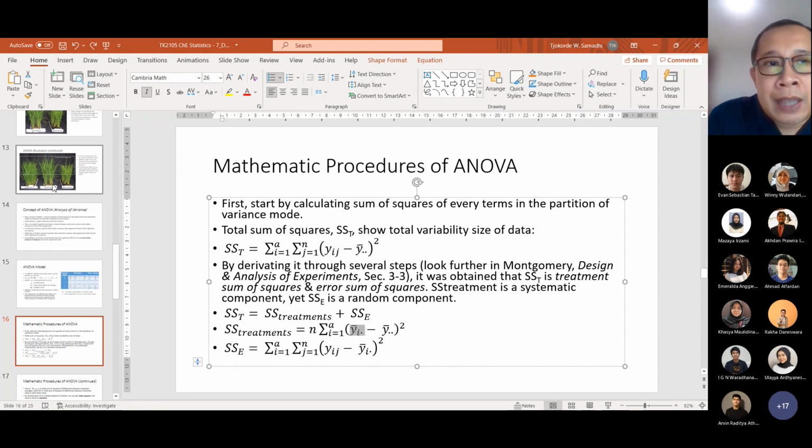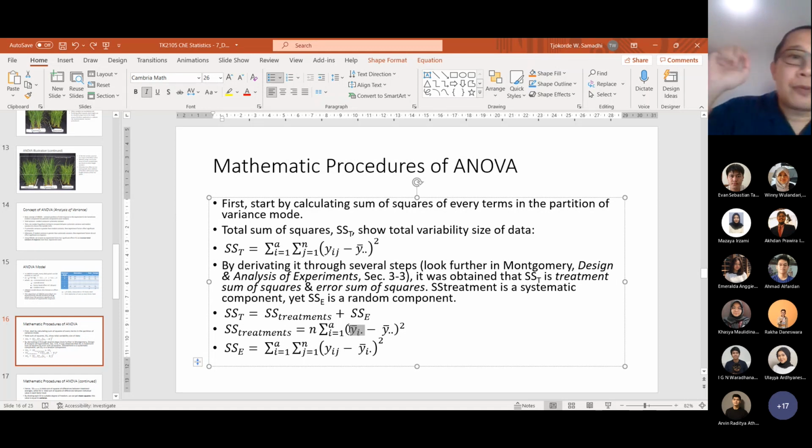This would be the average height within each sample. Okay, average height of rice paddy without fertilizer, with fertilizer A, and with fertilizer B. So in our rice paddy case, we have three of these numbers.